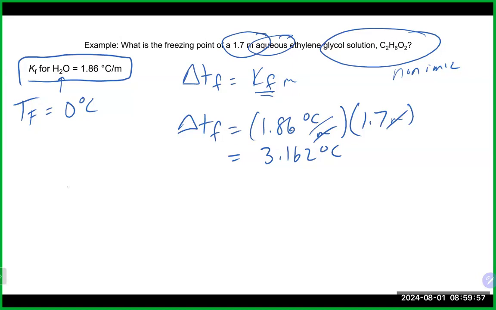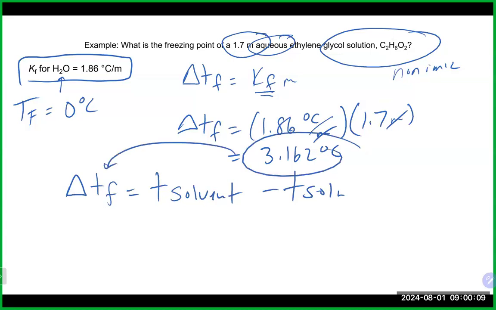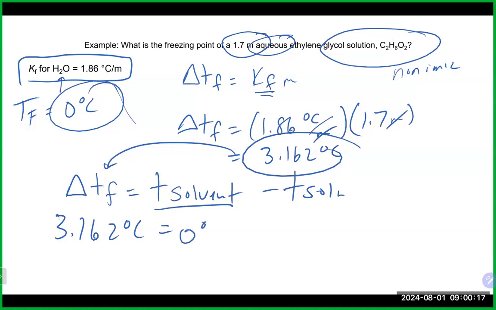This is why it's important to remember that the change in freezing point temperature in this case is the temperature where the solvent will normally freeze minus the temperature of the solution. So what we just calculated is this guy, 3.162 degrees Celsius. Our solvent normally freezes at 0 degrees, which is what water is, minus the temperature of the solution.